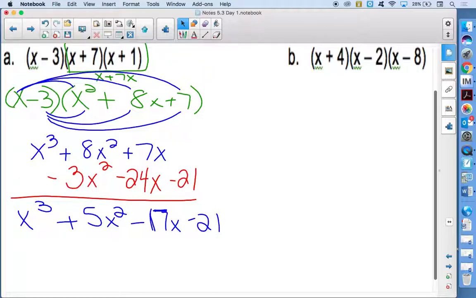X squared minus, plus 16. 4x squared right here. 4 times negative 4. Okay. Wait, what is negative 40 plus 16? It's 24.